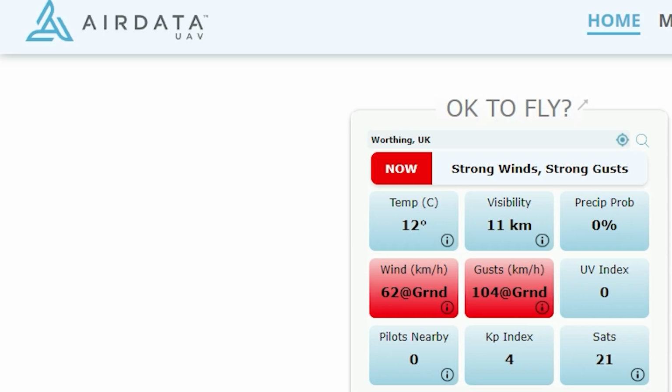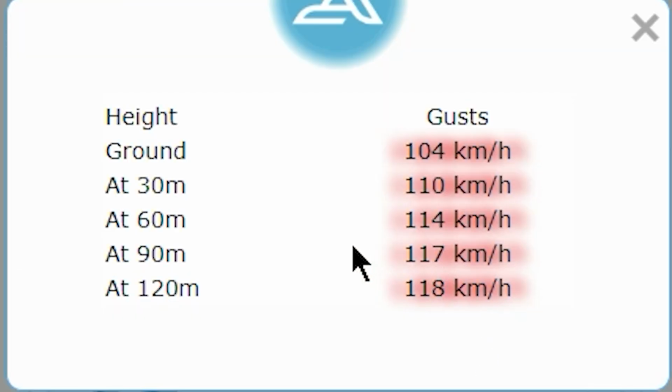And then it gives you the gusts. It's quite windy today compared to the other day I was flying. From here it's over 100 kilometers an hour to 120, so it's actually getting more windy in the last half hour that I've been looking at this.